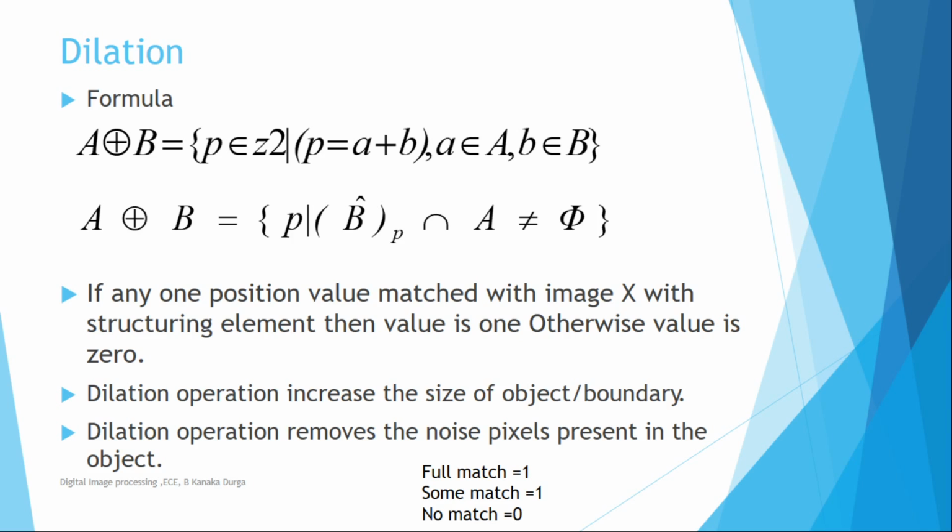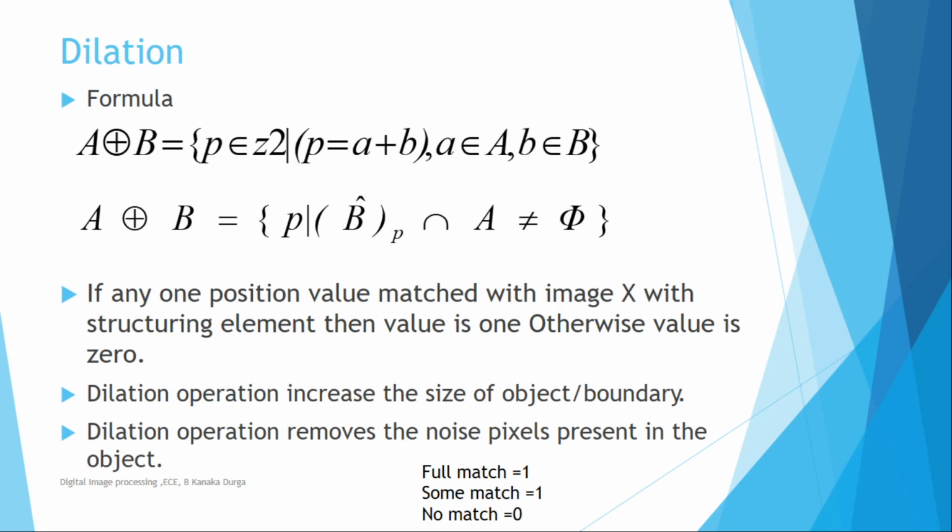In order to apply the dilation, any one of the values of the image has to coincide, should match with respect to the structuring element, then the value of dilation will be 1, otherwise the value goes to 0. When we apply the dilation operation on any image, the size of the object increases.